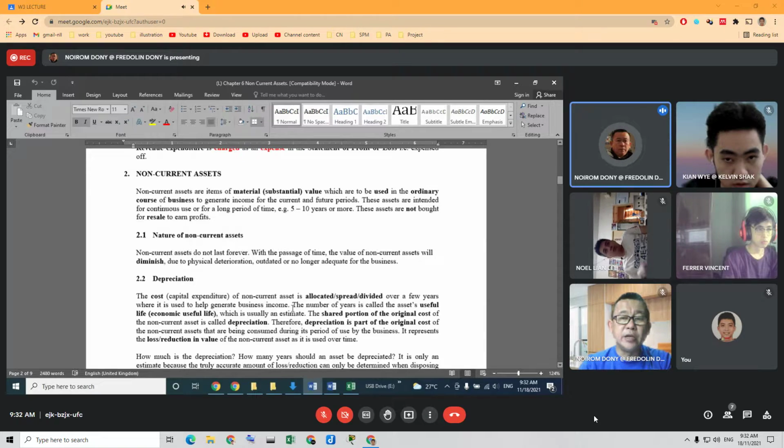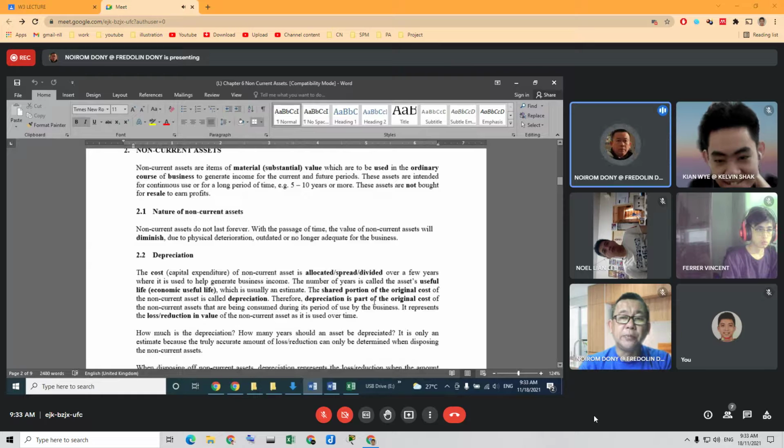The number of years is called the asset useful life, which is usually an estimate. So the portion of the original cost of the non-current asset is called depreciation. Therefore, depreciation is part of the original cost of the non-current asset that is being consumed during its period of use by the business. So it represents the loss, the reduction in value of the non-current asset as it is used over time. That is the definition.